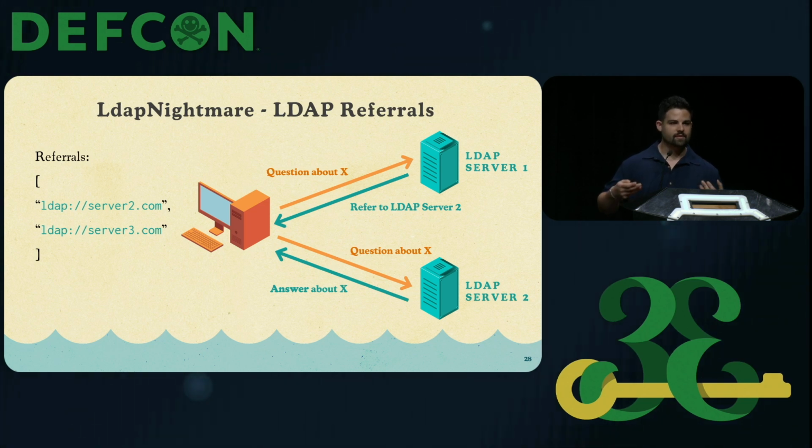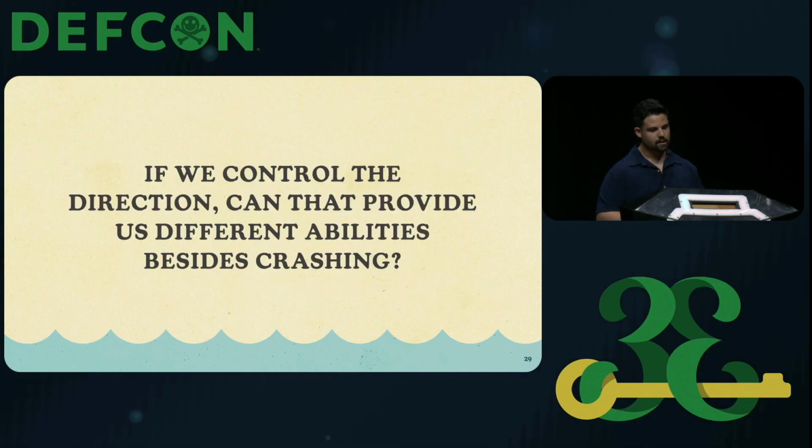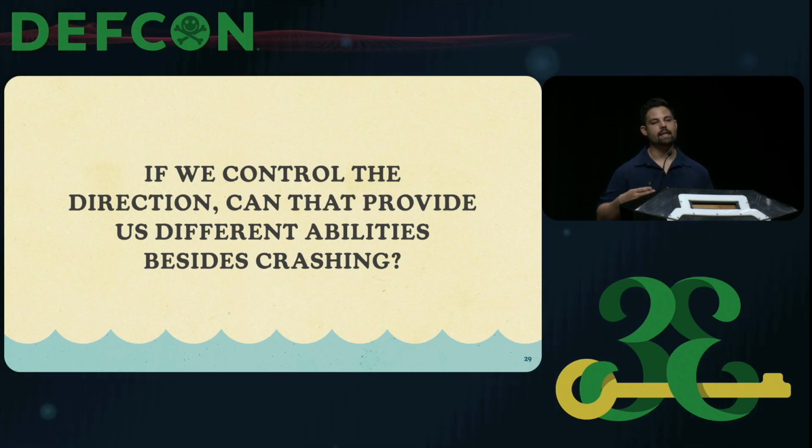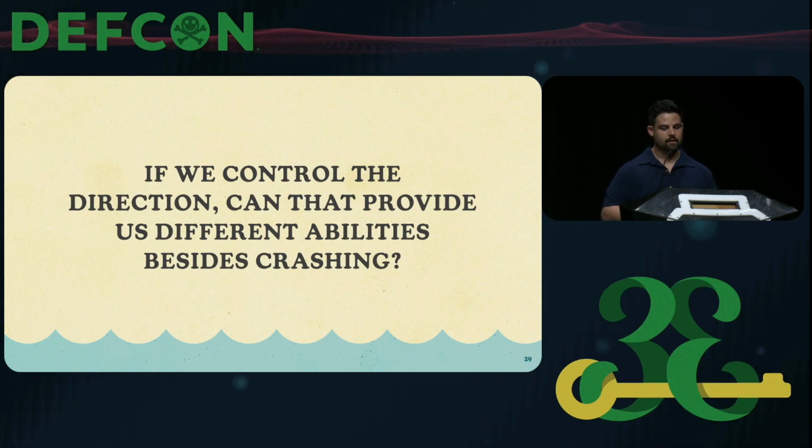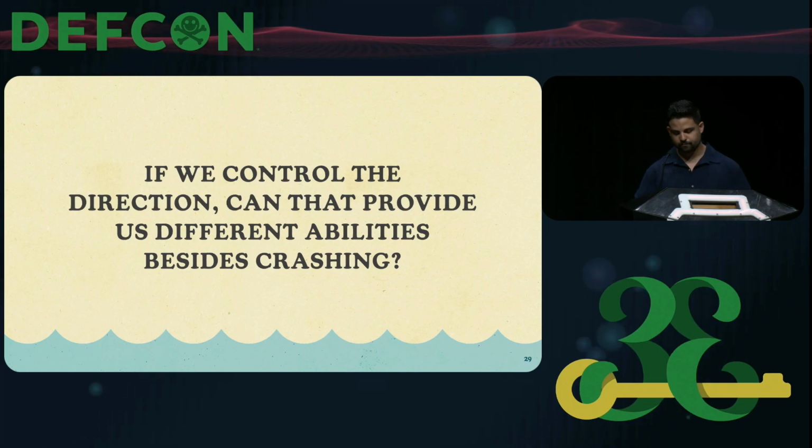Then when the client receives the referral, it normally chases these referrals to get the answers that it needs. Okay, so even though the referral process didn't really happen in LdapNightmare, it didn't really go through as part of the exploitation path. It was just a field in the LDAP referral packet that was invalid.